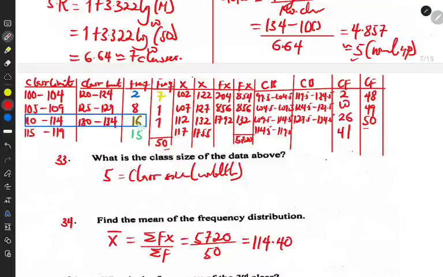Or within this class, we have a frequency of even more than half of it falling within this class limit of 110 to 114. Okay, so let's take note of that. So that means that the lower class boundary of the third class, which is 110 to 114, is going to be what?